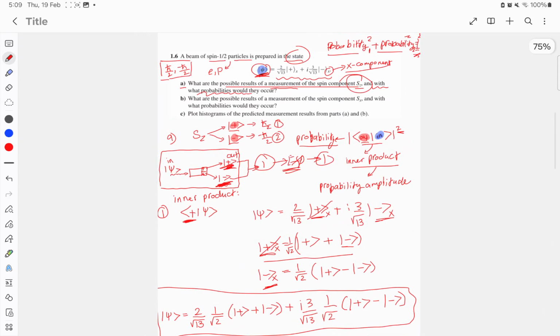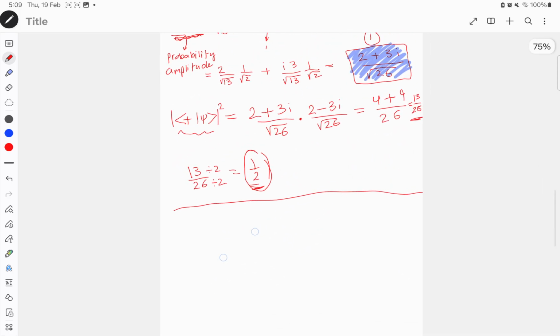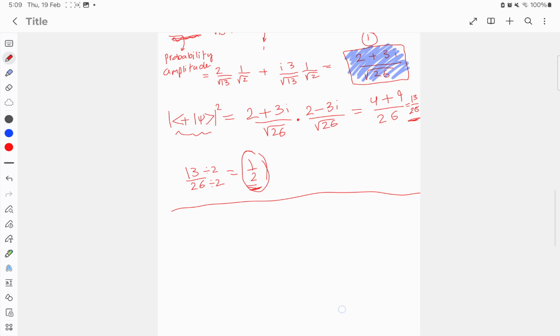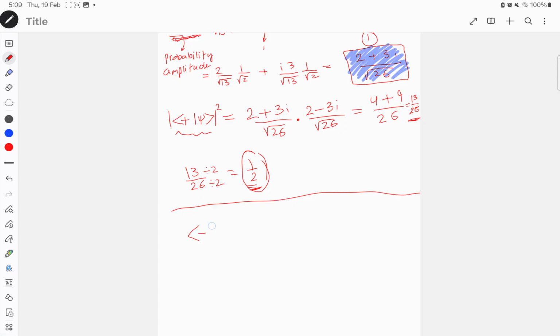It's like this. Okay, now we will do the second, with what probabilities they would occur, that is the second one. Okay, we have it like the minus. Okay, and this is same as what we did here.